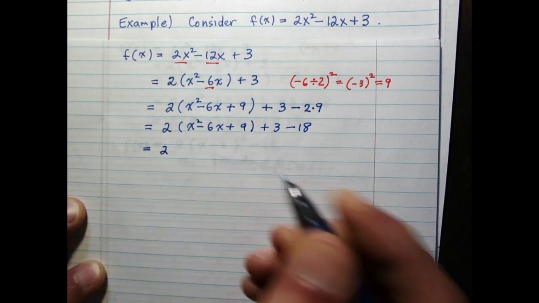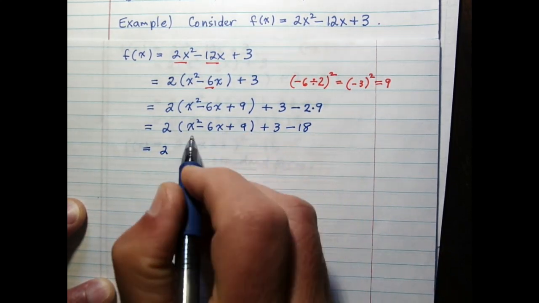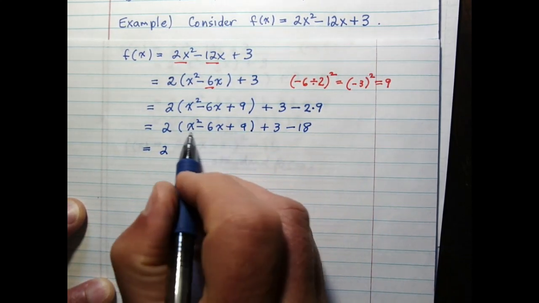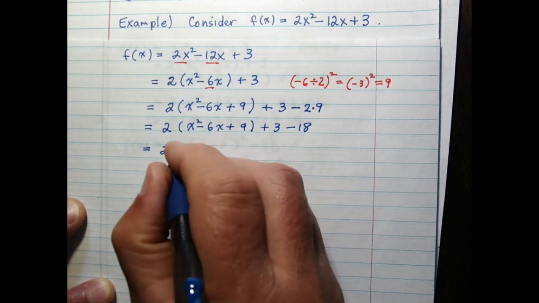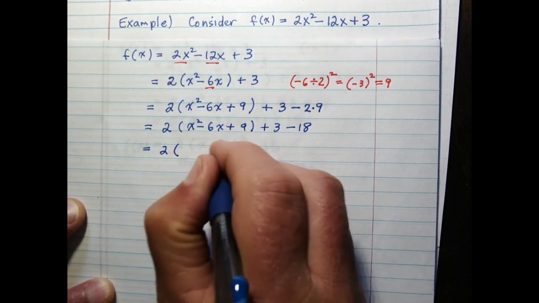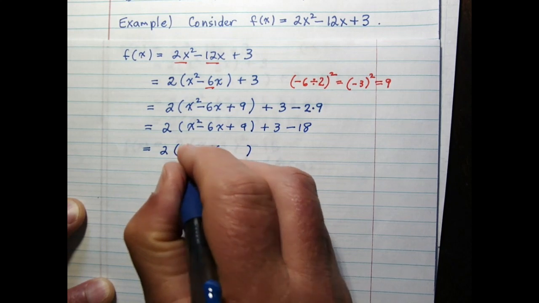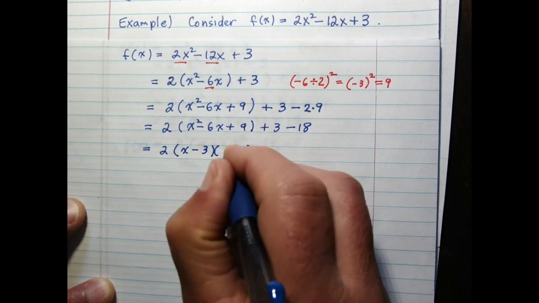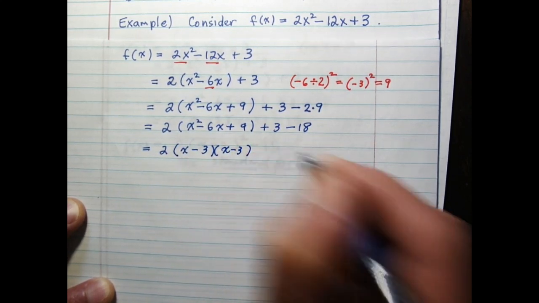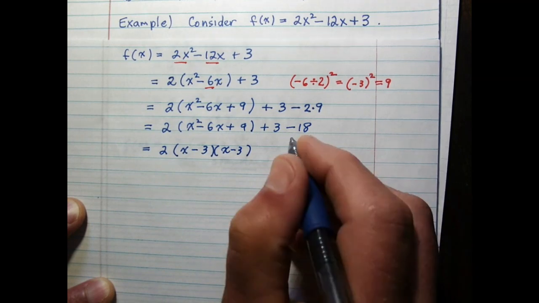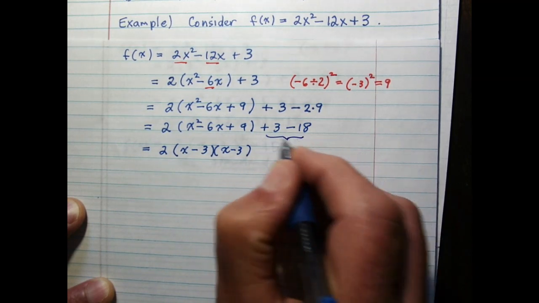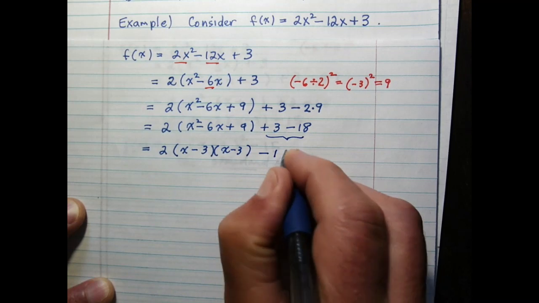The whole point of adding that 9 was to get a trinomial in parentheses that I could factor, and factor in a special way. It factors as x minus 3, x minus 3. It factors with both factors being the same. On the end, 3 minus 18 is minus 15.